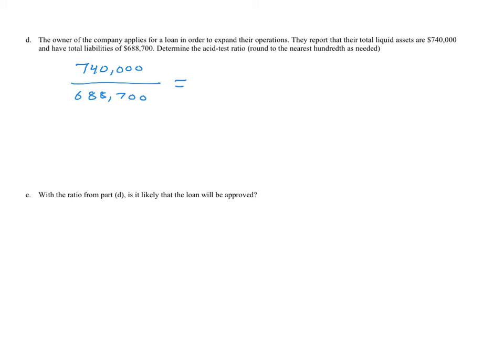I'm going to do this right in my calculator, and I'm going to round to the nearest hundredth as needed. So I get 1.07. It's a 7 followed by a 4, so I drop the 4, but I do not increase this number. And so this is the number I get after dividing these two values. The acid test ratio is going to be 1.07 to 1.